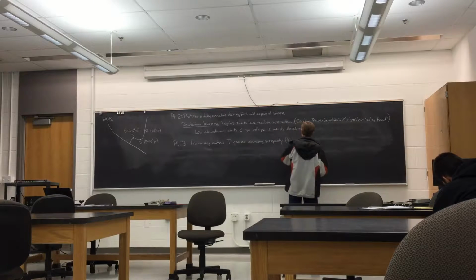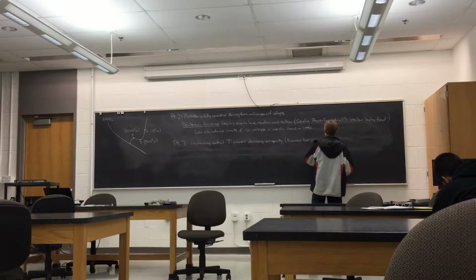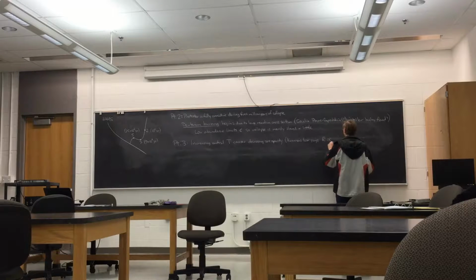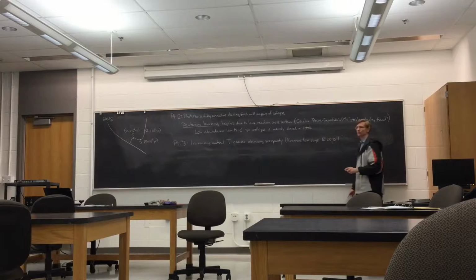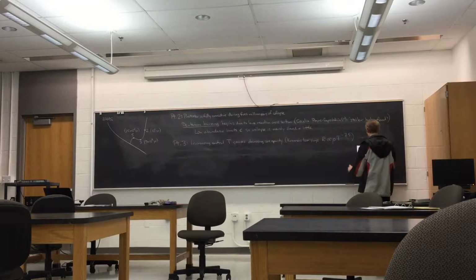Remember Kramers' law says that the mean opacity is proportional to rho times the temperature to the power of minus, your number? 3.5. Yep, minus 3.5. So as the temperature increases, the core opacity is decreasing. Kramers' law says that.